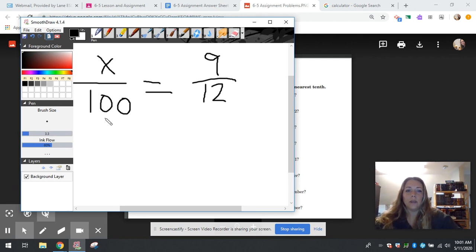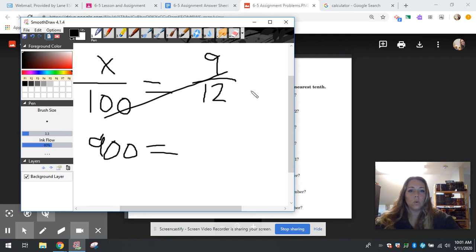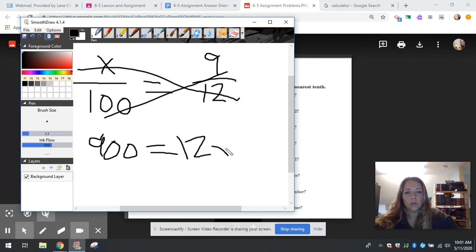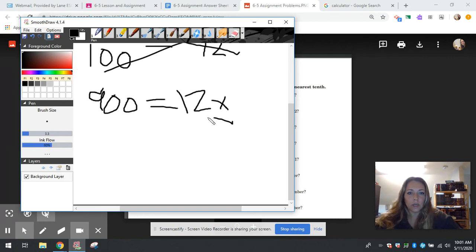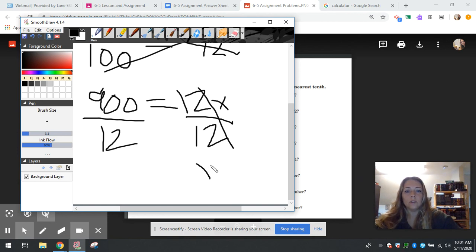Cross multiply. 100 times 9 is 900 equals 12 times x. We divide both sides by whatever is attached to the variable, which is 12, so that we have the variable by itself.